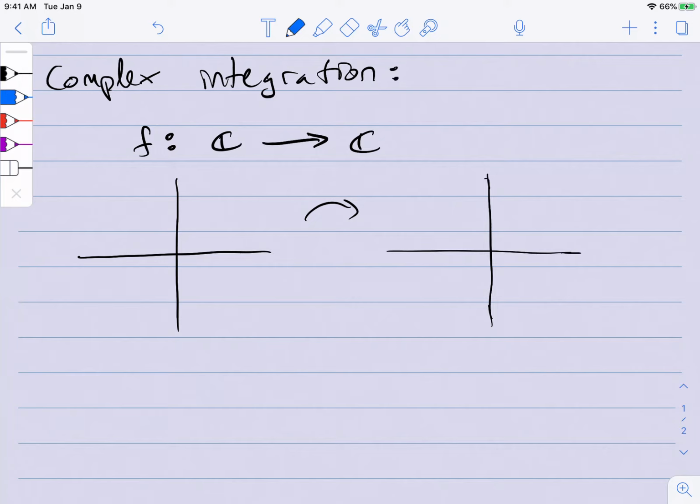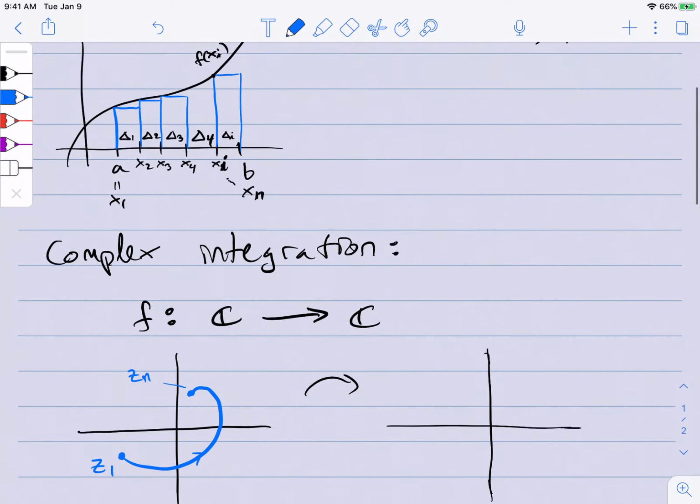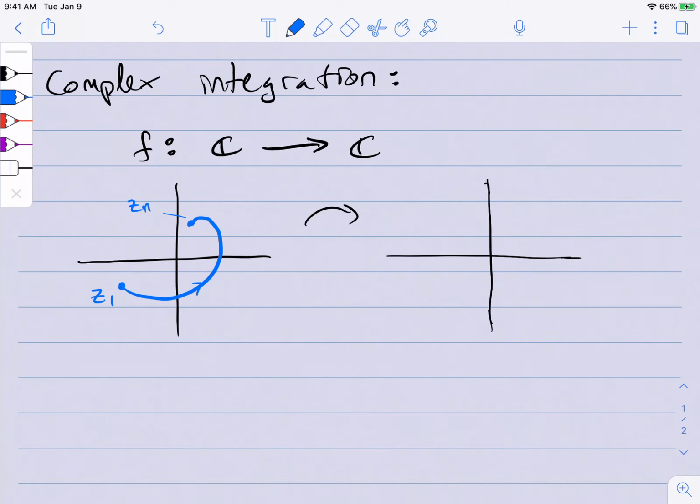And what we're going to do is integrate the function f over some path. Maybe our path looks like this. And I'm going to specify a direction to the path. And so here's our starting point, call it z1, and our ending point, call it maybe zn, something like that.